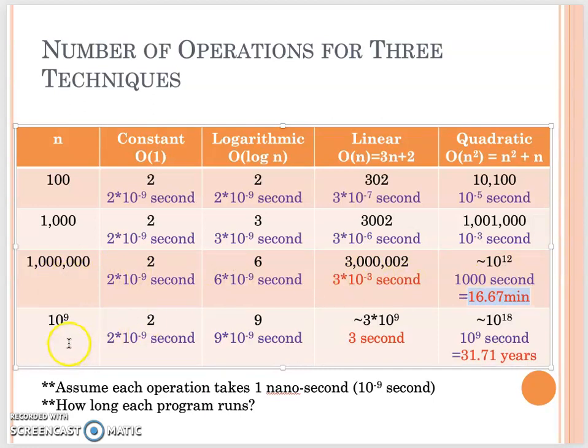Then we look at 1 billion data. If your runtime efficiency is n squared, you need 31 years. Even older than you guys, to finish the searching. So that's what we show you.